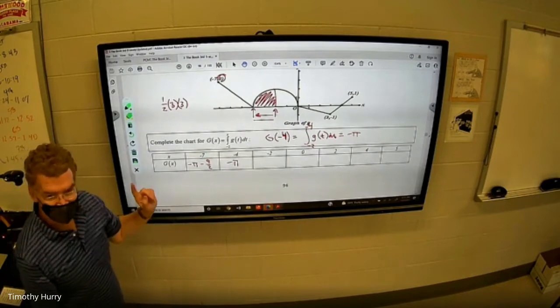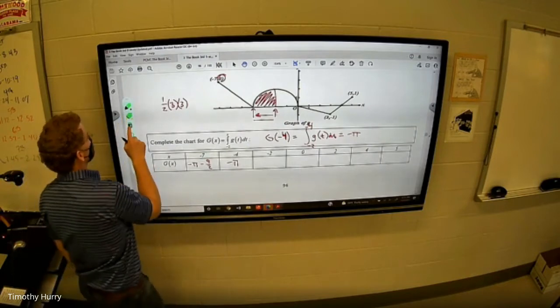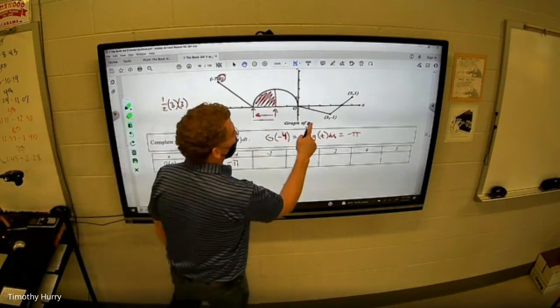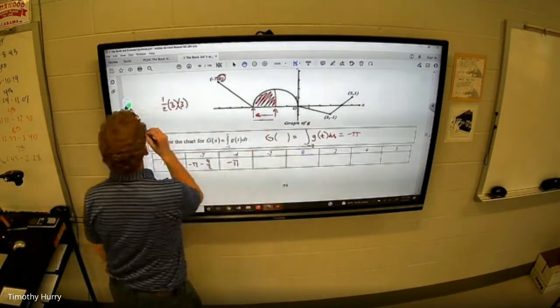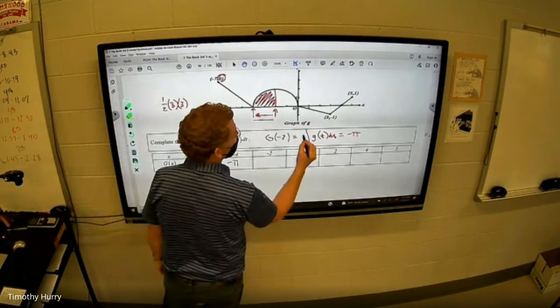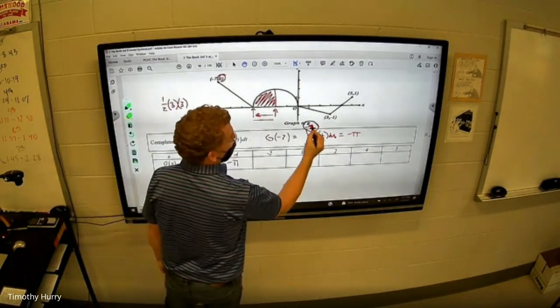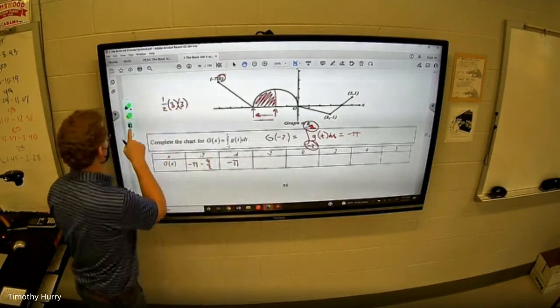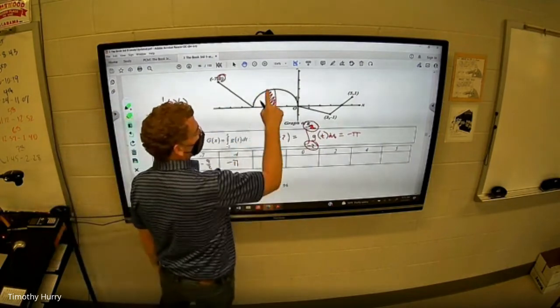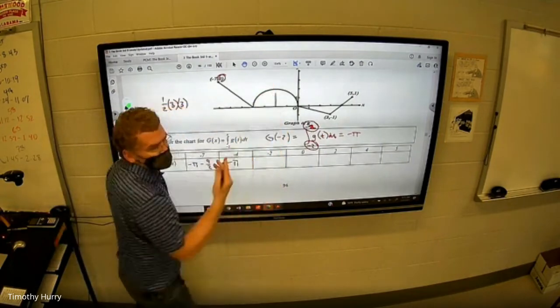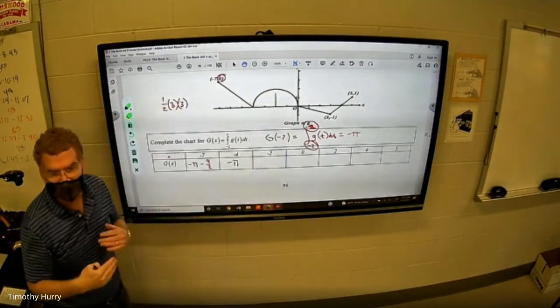Now, at -2, right here, if I make that a -2, what did we already know about when those numbers match? It's 0. And sure enough, -2 to itself, there's no accumulated area because there's no movement. That's 0.